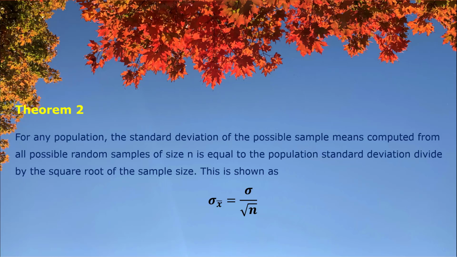So clearly, if we know the population standard deviation, then for all the possible sample means with fixed size n, the average of all the sample means and the standard deviation of all the sample means are related to the population mean and the population standard deviation.